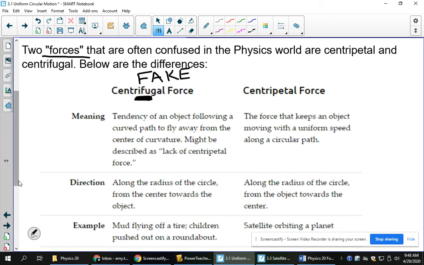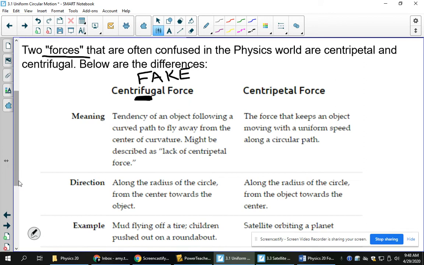Centrifugal force, depending on where you're from and how you pronounce it. If you listen to things from the UK, they usually say it one way, but we usually say it another way. If you hear that F sound, that's fake. That's the English language and everyday people not understanding the difference between centrifugal and centripetal force.